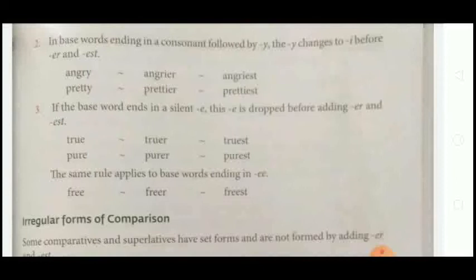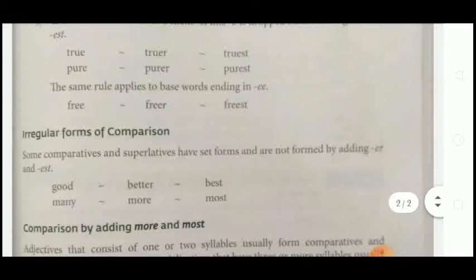Now, irregular forms of comparison. In regular forms we have seen we use er and est, but in irregular forms, some comparatives and superlatives have set forms and are not formed by adding er and est. They don't have a regular pattern of er and est, but have their own set of words.